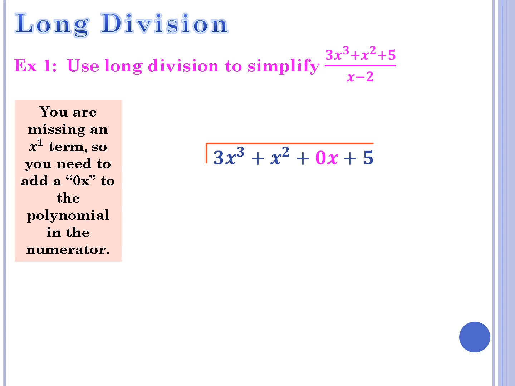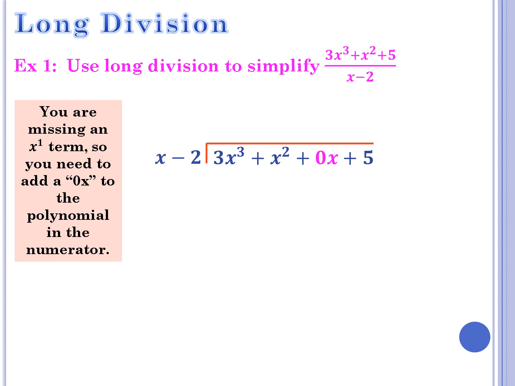Well, no, because 0 times anything is 0. I'm changing what it looks like, but I'm not changing its value. So now I have x cubed, x squared, x, and then my constant. Now, my divisor, that's x to the first and a constant, so we're good. No need for a 0 term there.